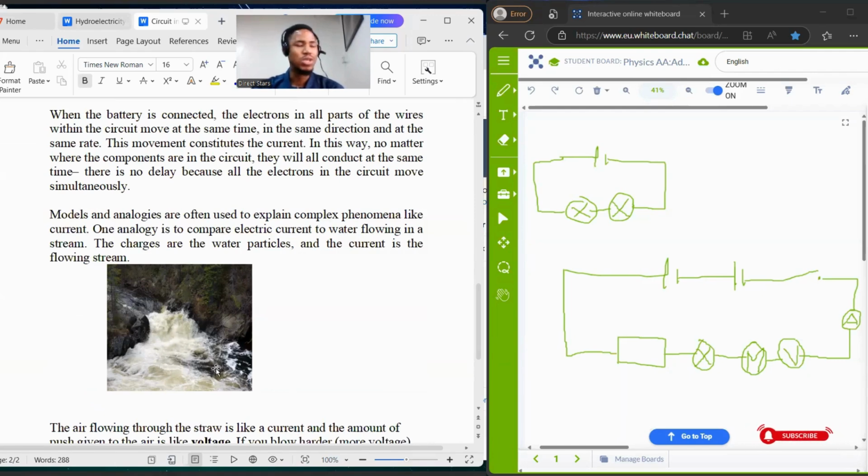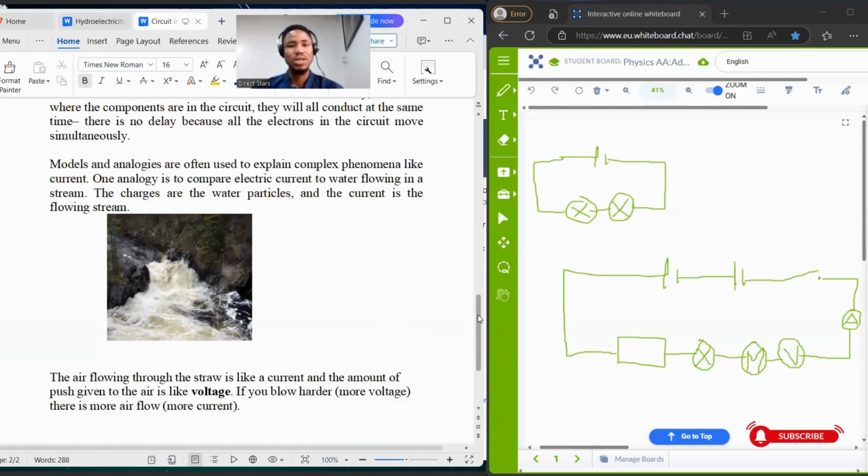Now, there might be some rocks or other things that disturb the water from flowing very well, and that is what we call resistance. That's why we say a circuit is the path in which electric current flows. What is electric current? That's the water itself. And anything disturbing this water is what we call resistance. I hope you understand that.